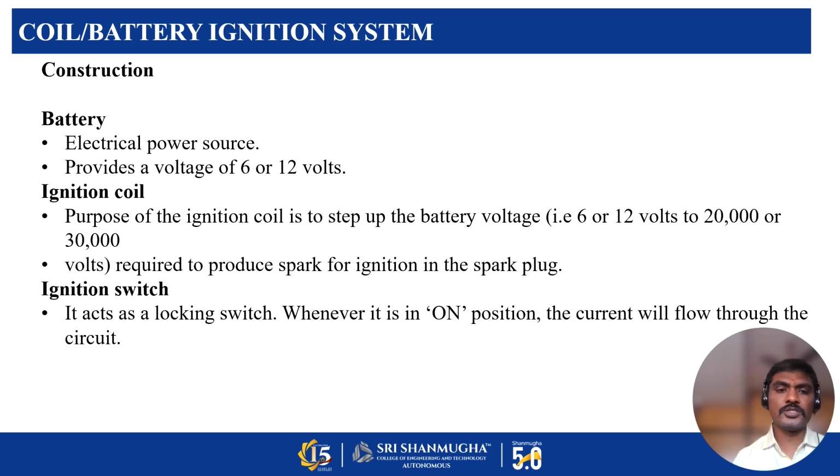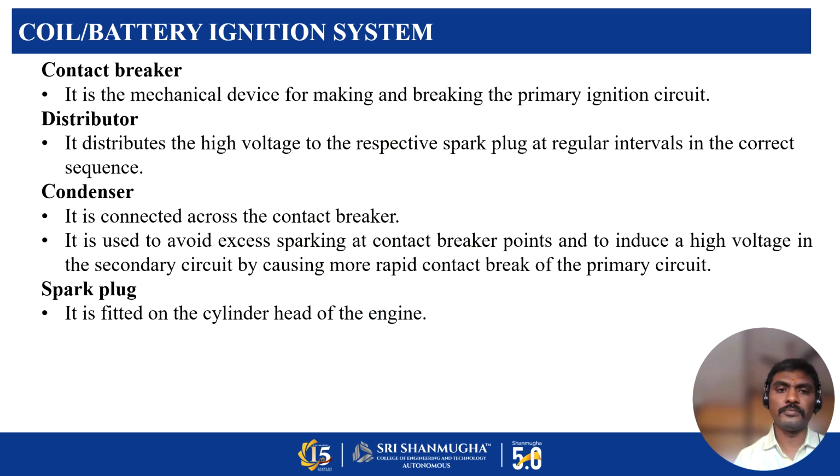Ignition switch: it acts as a locking switch. Whenever it is in the on position, the current will flow through the circuit. Contact breaker: it is the mechanical device for making and breaking the primary ignition circuit. Distributor: it distributes the high voltage to the respective spark plug at regular intervals in the correct sequence.